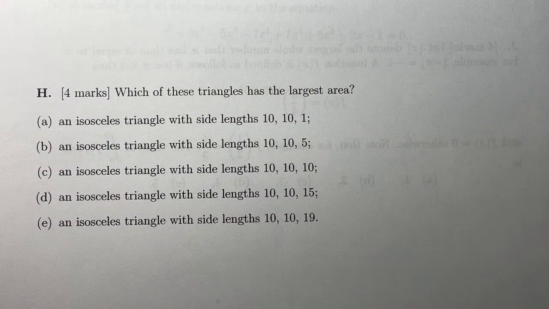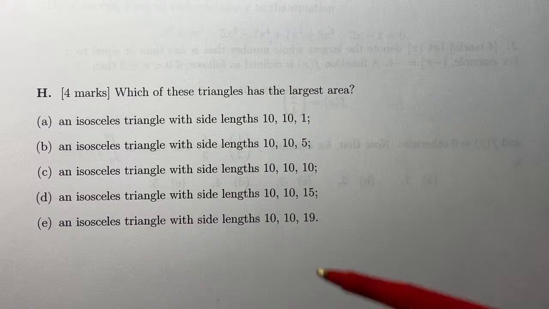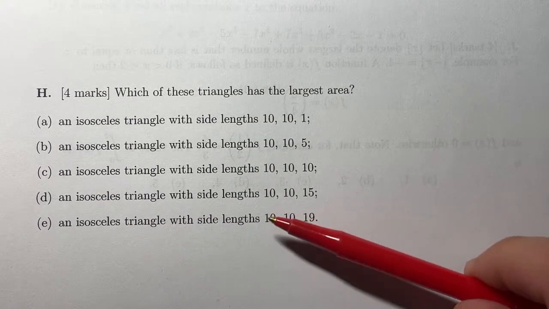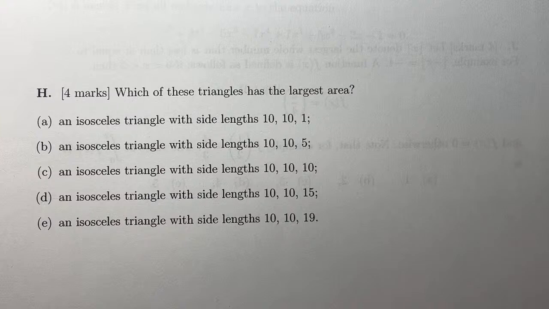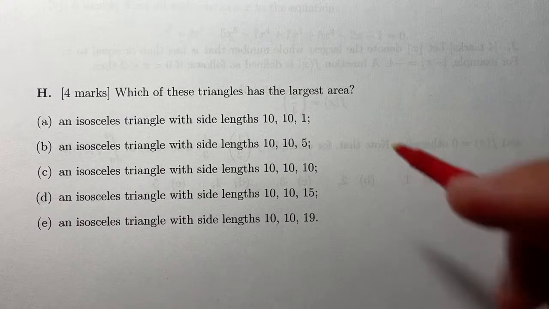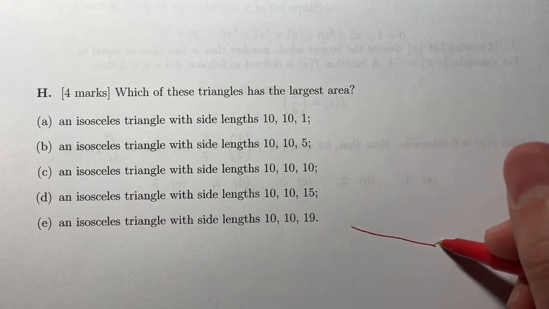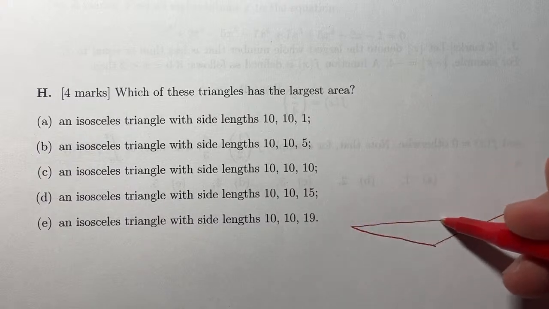I'll give you guys 20 seconds. And I don't think you want to go for E. If you think about it, 10, 10, 19. Let me try to draw it. 10, 10, 19.